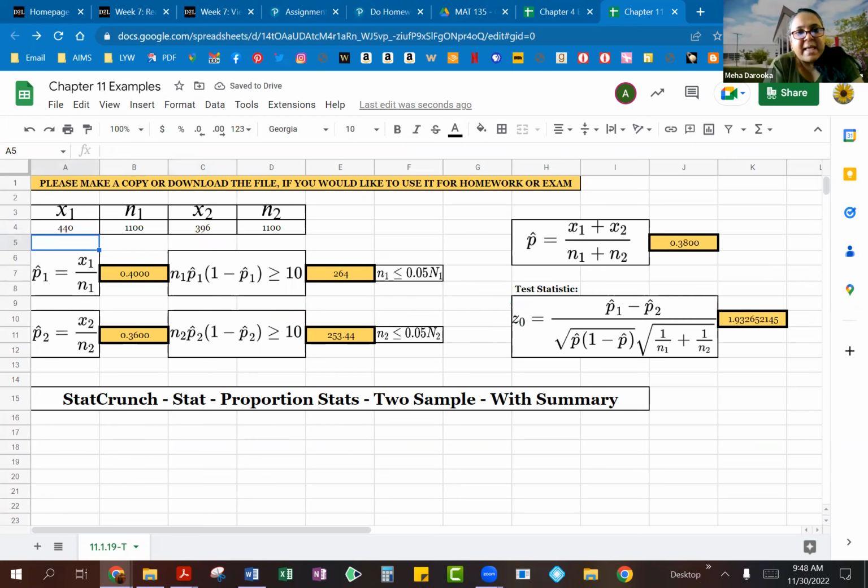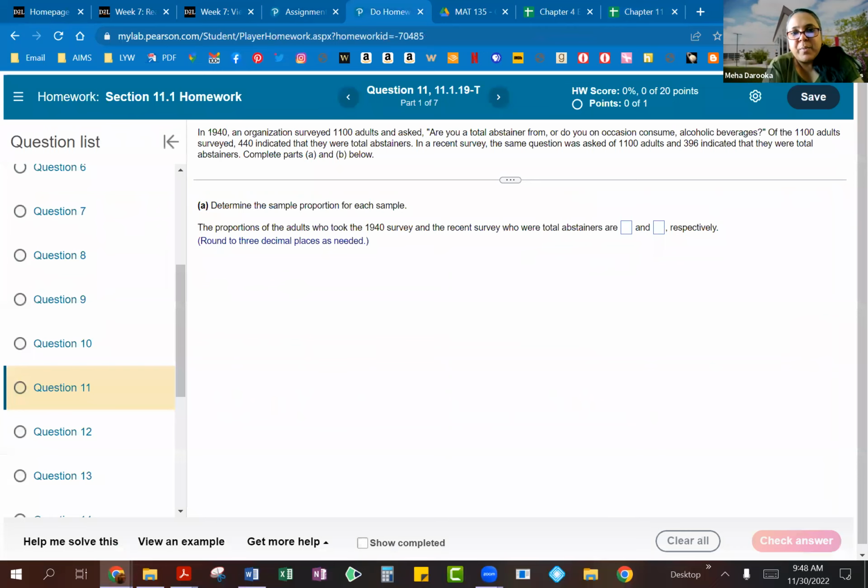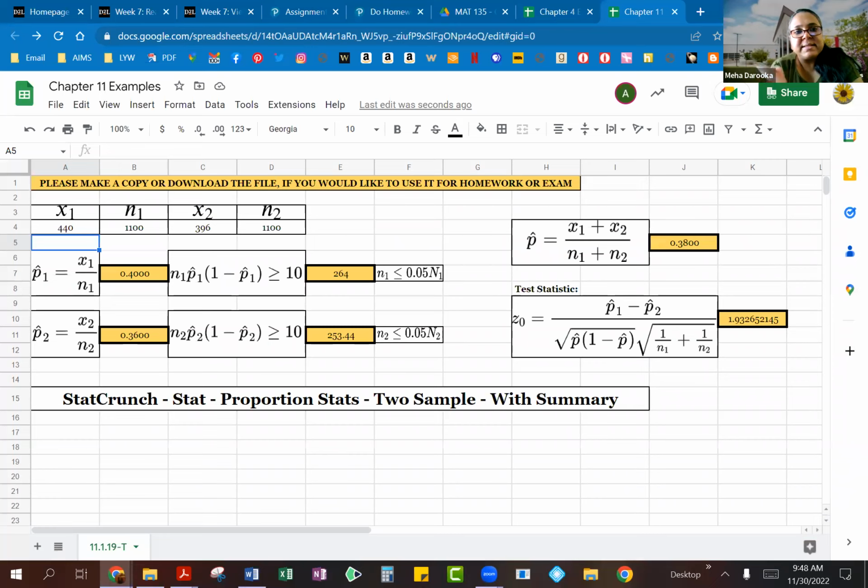396. And then your sample proportion that they are talking about is basically where you are doing this calculation, which is taking the x1 value, dividing it by n1, which is giving us 0.4. And then the second one is giving us 0.036.